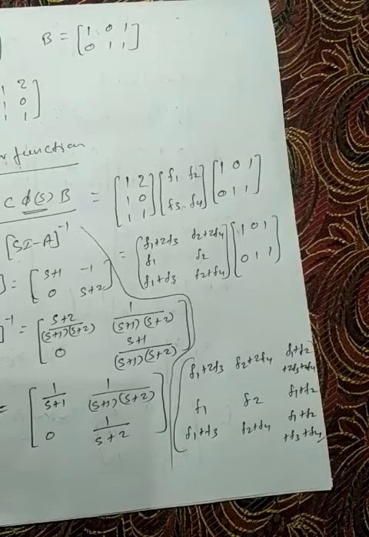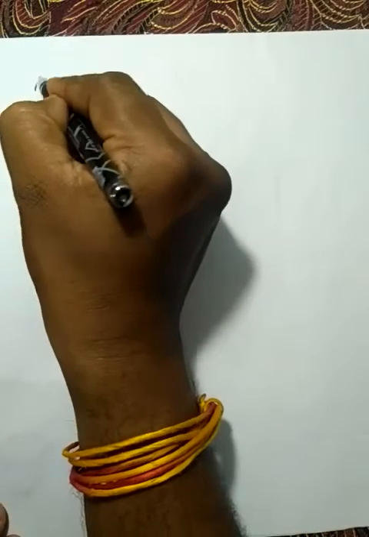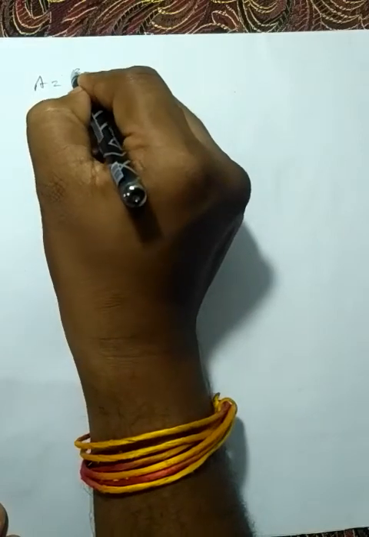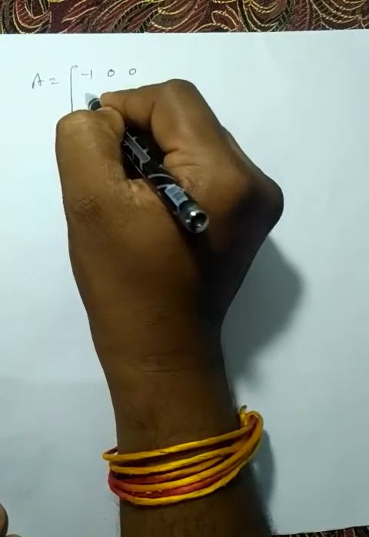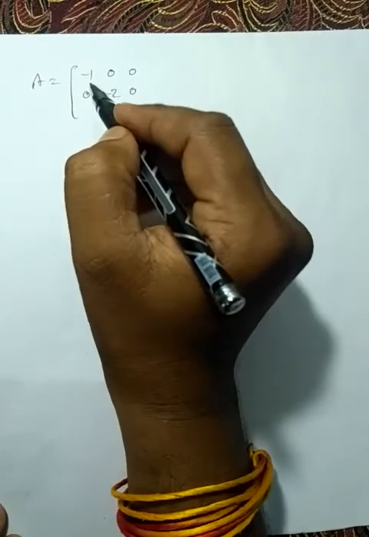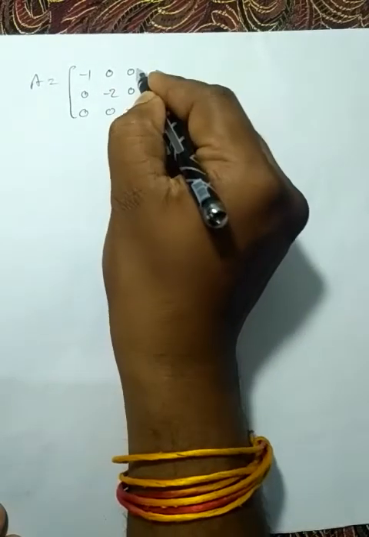Next is we have given a matrix like A. Matrix A is equal to -1 0 0, 0 -2 0, 0 0 -3.